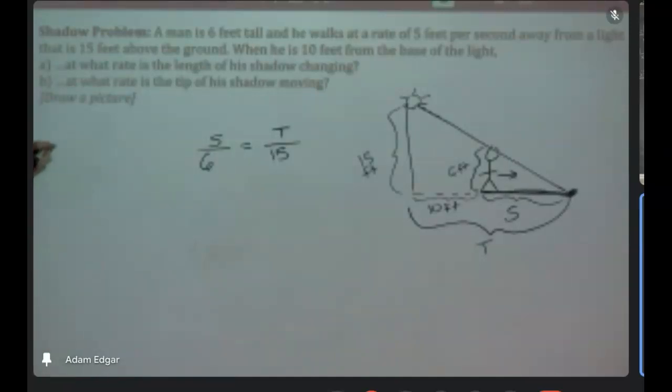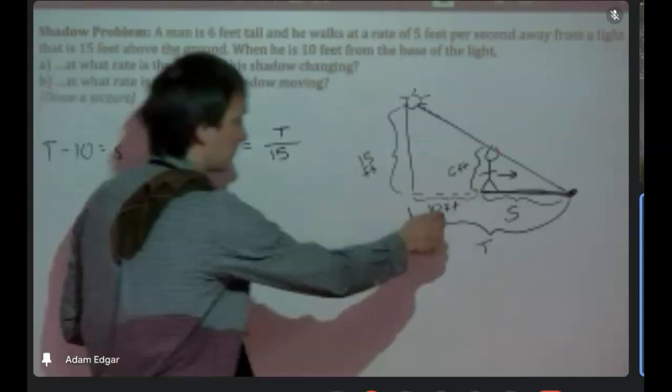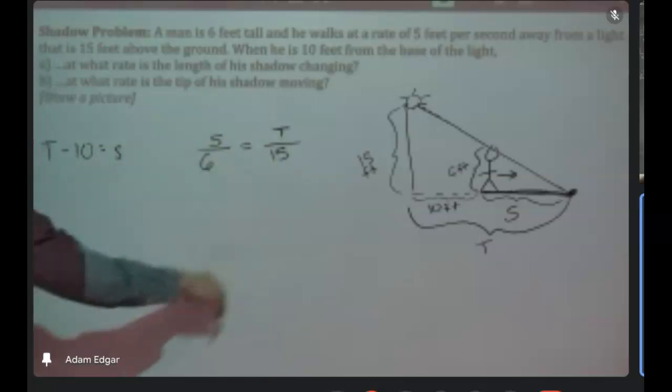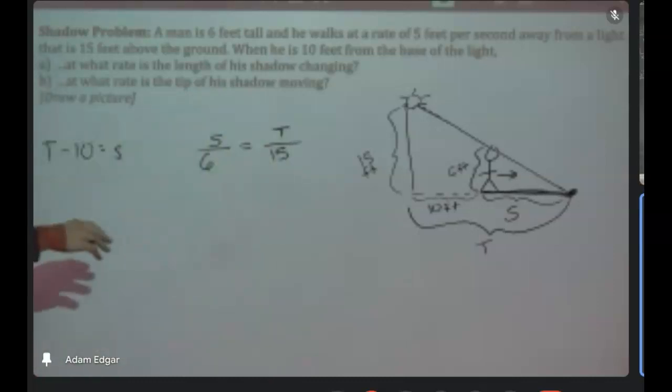Yeah, you could say T minus 10 equals S. Or you could say 10 plus S equals T. So relate the 10 and the S and the T all together, and that gives you two equations, and now you have a system of equations. You have your ratio equation, and then you have your secondary equation of just relating the overlapping bases together. And then guess what you do? Before you solve, differentiate.